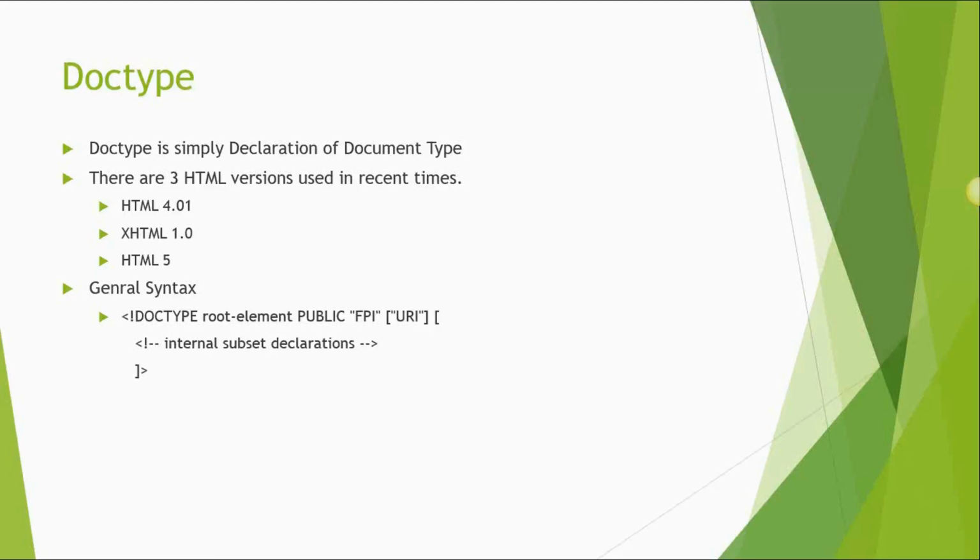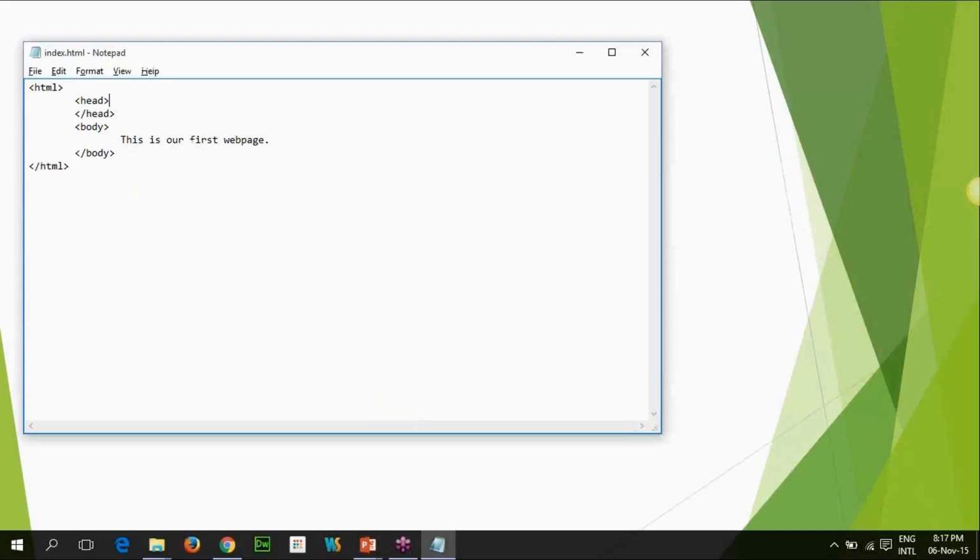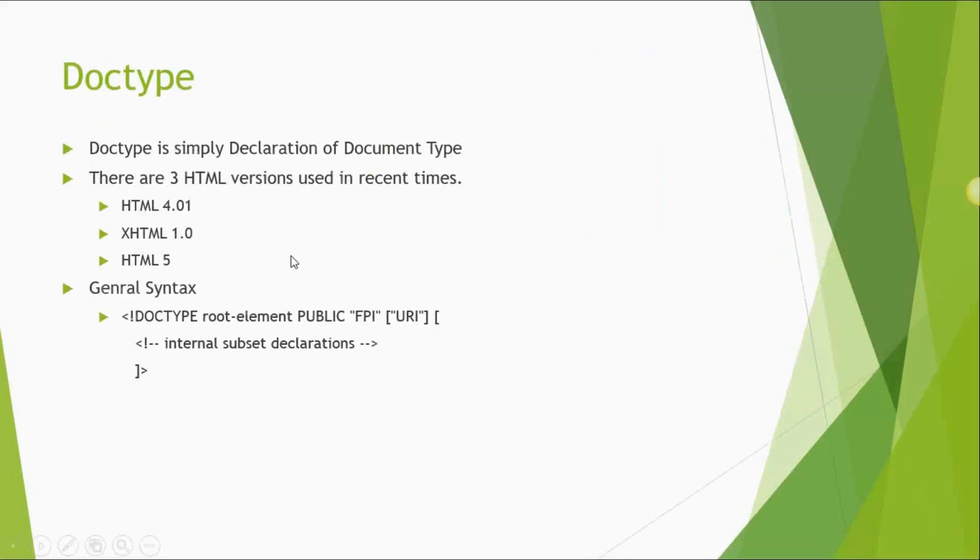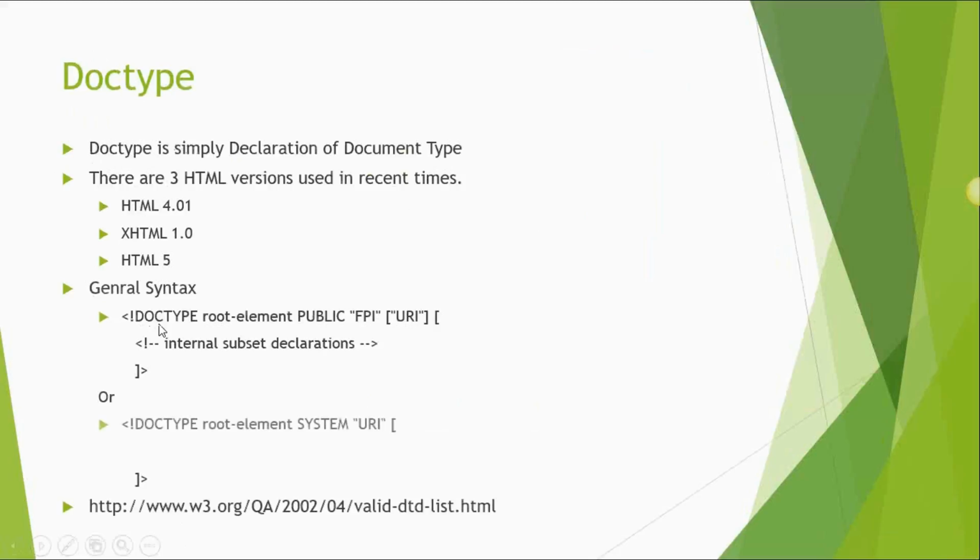This doctype is defined at the start of all HTML documents. That is, before the HTML tag, a document type is always defined. There is another type of general syntax for a document type: DOCTYPE, root element, SYSTEM, URI, and internal subset, but we will mostly use the first type.